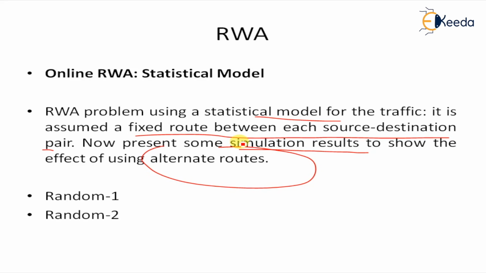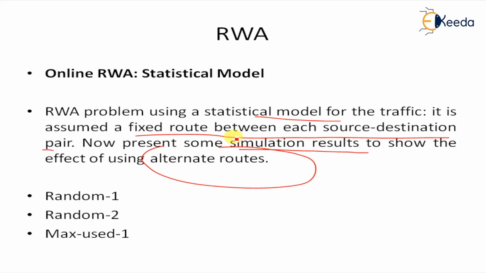Random 2: fix two shortest paths between every pair of nodes. For a light path request between two nodes, choose at random an available wavelength on the first shortest path, and if no wavelength is available, choose a random available wavelength on the second shortest path.